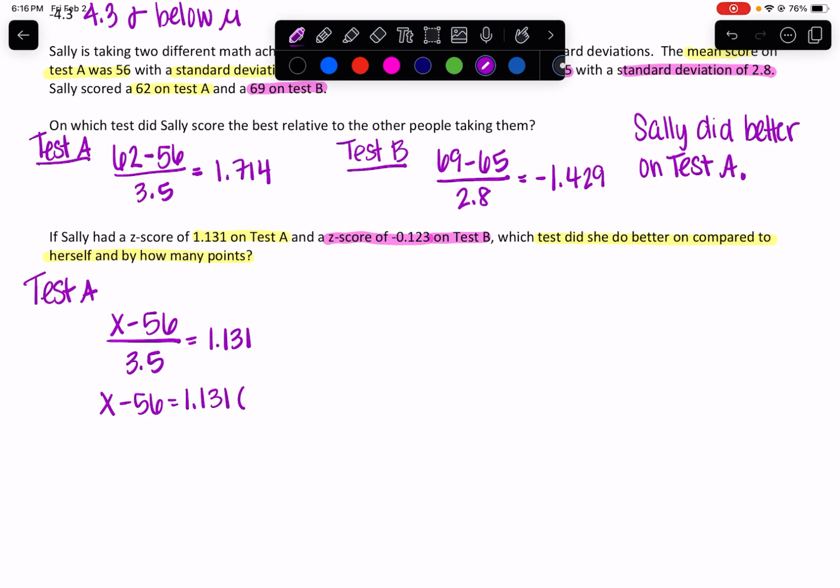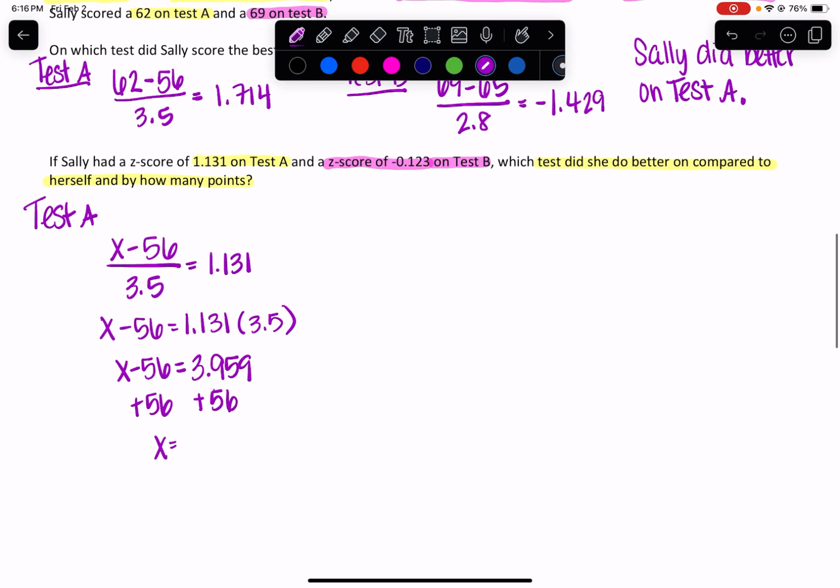We're just solving for x, y'all. And you should know how to solve for x, but I have a feeling we have since forgotten our math skills on how to solve for x. 3.959, add 56. And if you haven't, yay, this should just be a quick review.